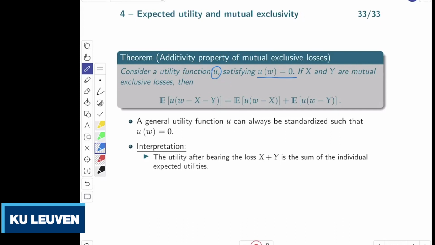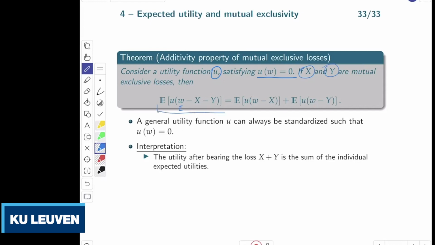So if I now assume that X and Y are mutually exclusive, so they are losses, so they are positive, but they cannot take strictly positive values at the same time. And now we have a decision maker with initial wealth w, who is suffering both losses at the same time.